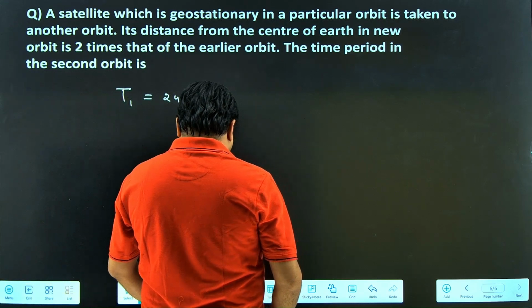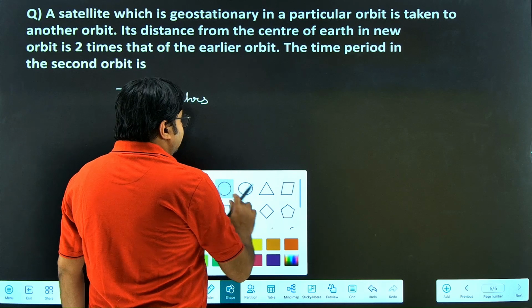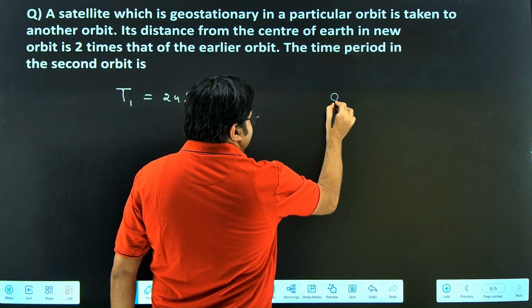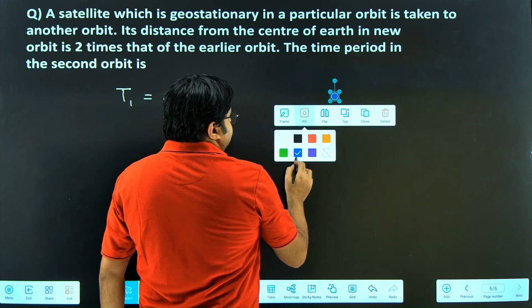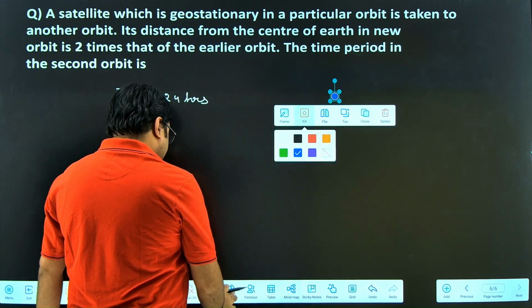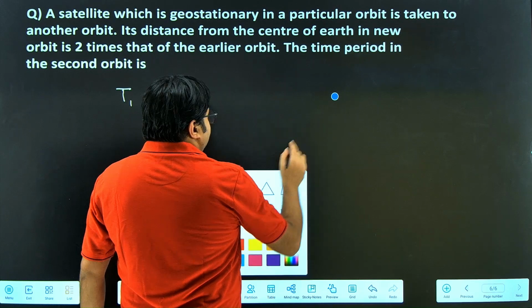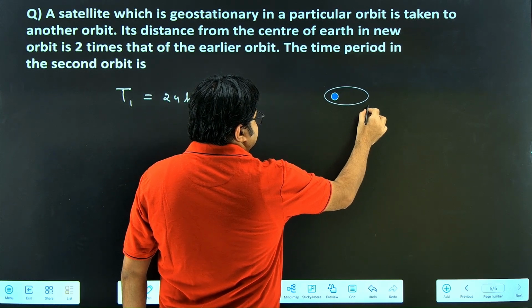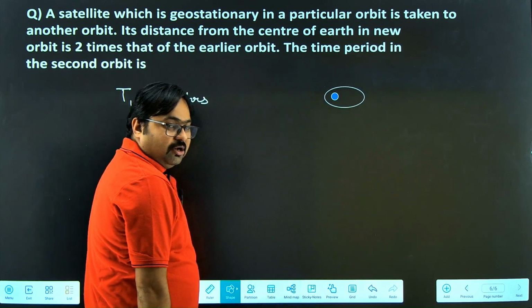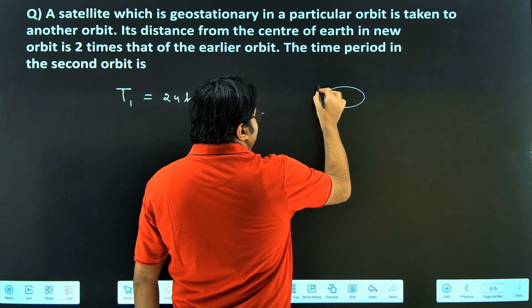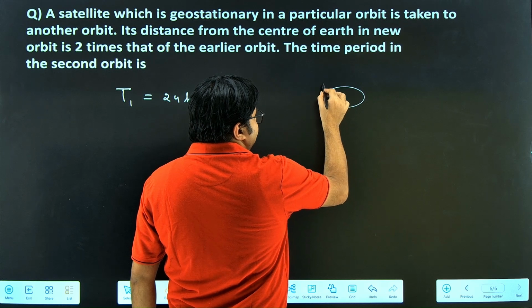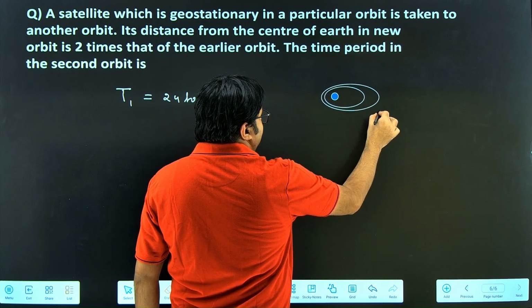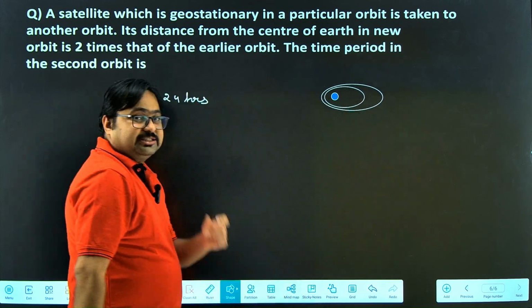So here I have planet Earth. The satellite was traveling in this orbit, but then later the mean distance from the Earth has now been doubled.